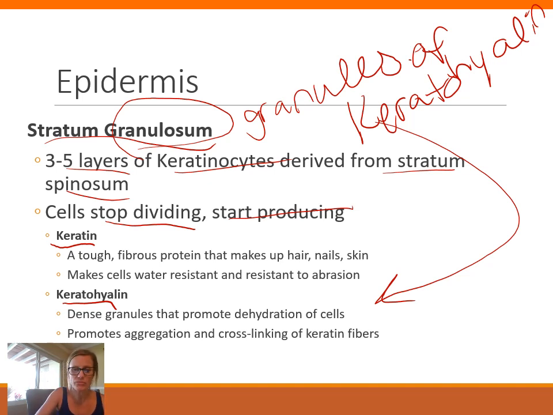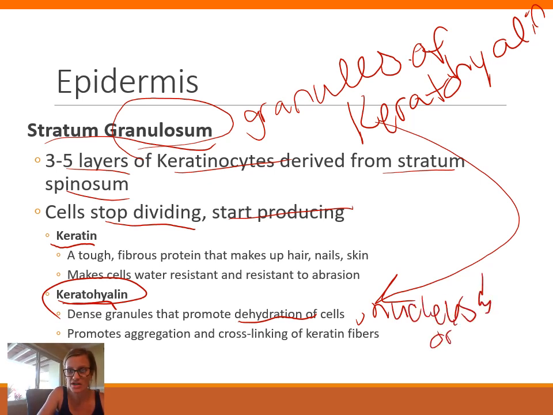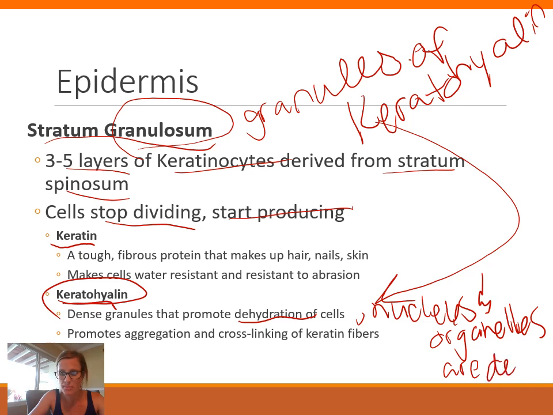So what this keratohyalin does, again, they're these really dense granules, and they essentially promote the death of the cell. They promote dehydration of the cell, so the cell kind of dries out. The nucleus and most of the organelles, the little functional units in the cells, are destroyed. So essentially the cell is going to destroy all of its components and dry out.